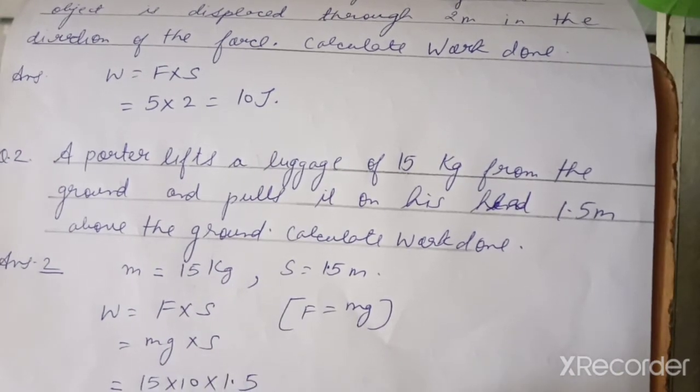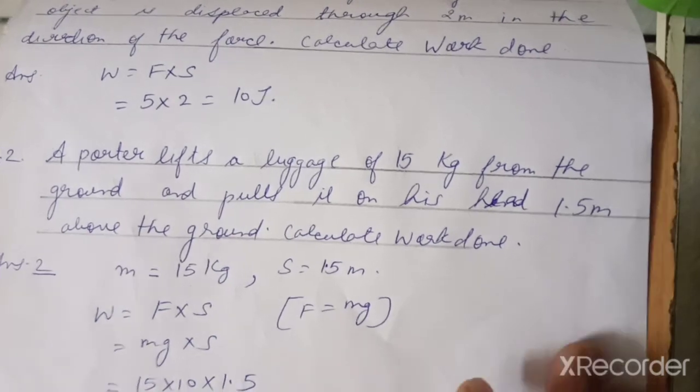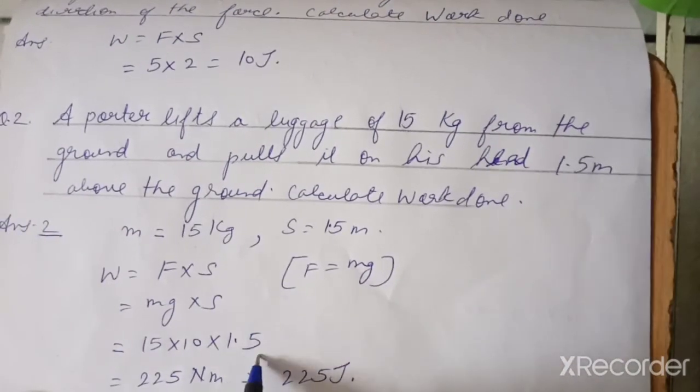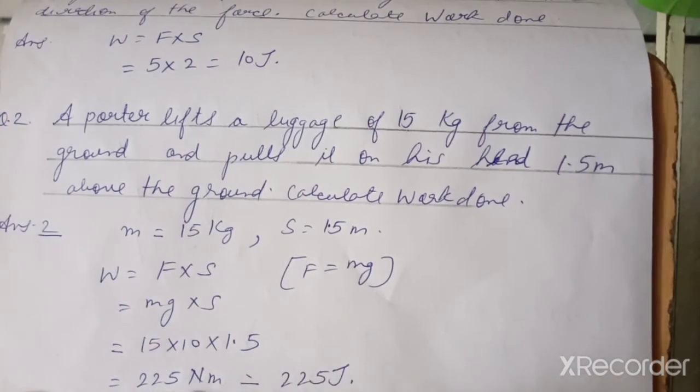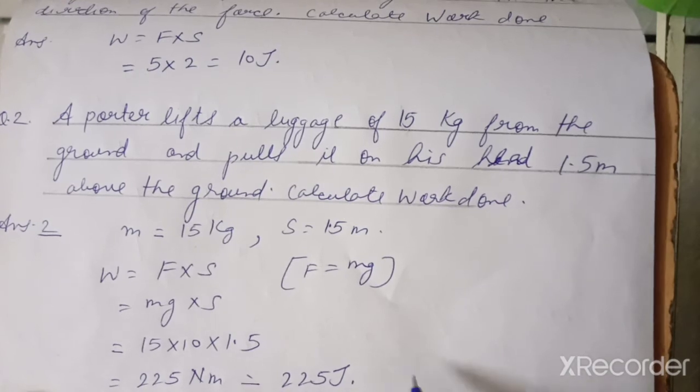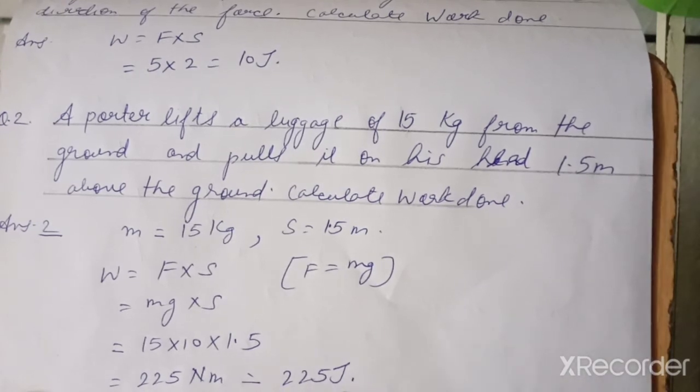What is G? It is given in the question that you have to take it as 10. And H or S we consider as 1.5. On solving you get 225 Newton meter, and this Newton meter is equivalent to joule. So the answer is 225 joule.